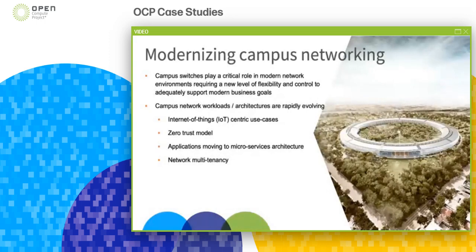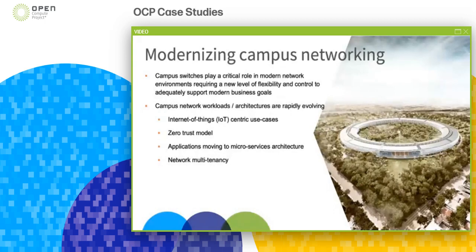Now, what we are seeing in campus environments is also an increasing deployment of applications that use a microservices architecture. As in the data center, this changes the way in which network operators think about workloads and traffic flows with a lot more east-west traffic.